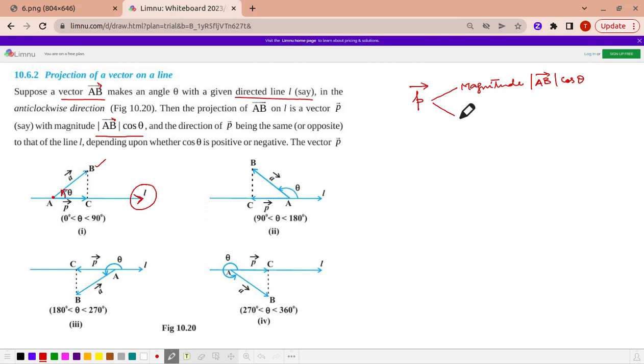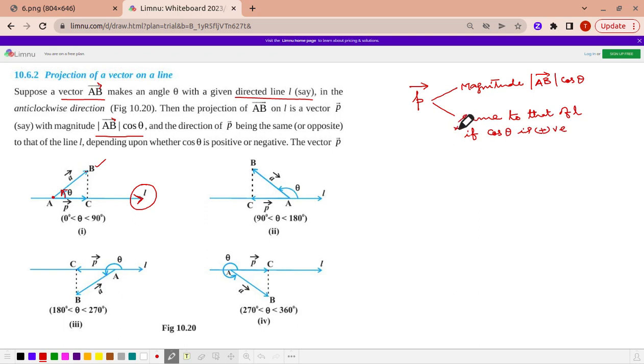Its direction will be the same as that of L if cos theta is positive. Okay, so that is one thing.